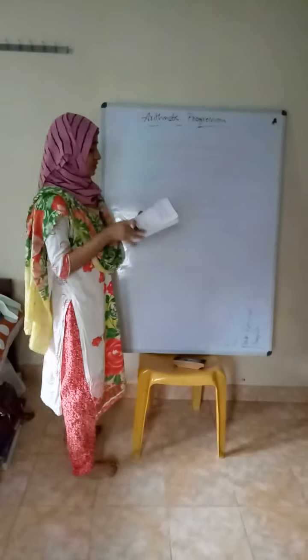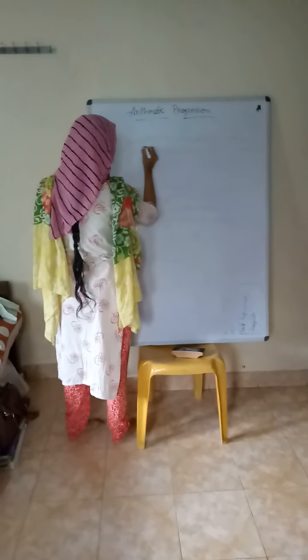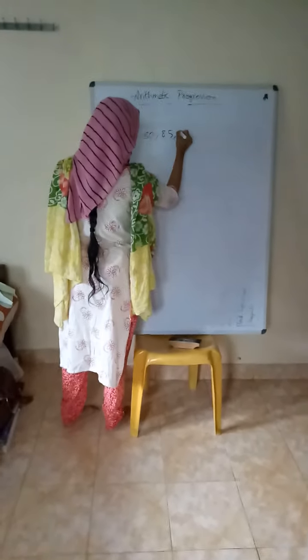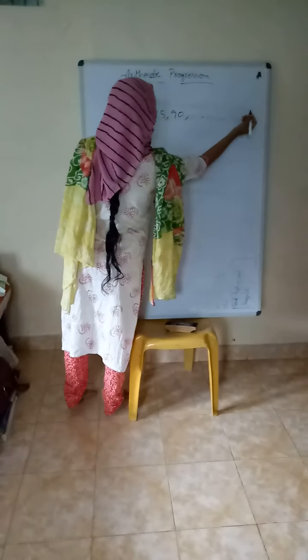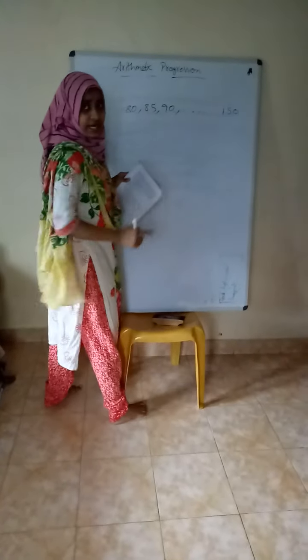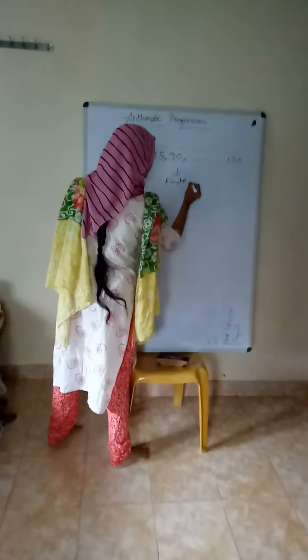One more thing I have to say. If 80, 85, 90, and so on up to 150, if in an AP the last term is given, then that AP is called a finite AP.